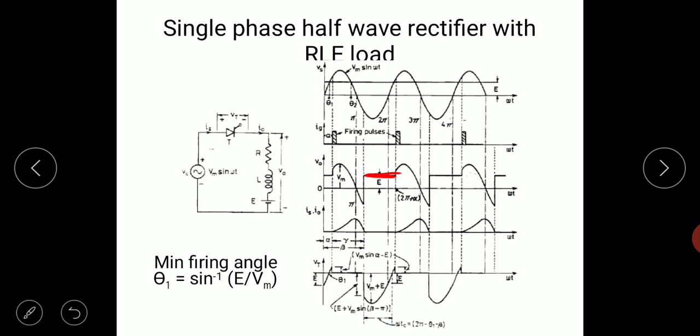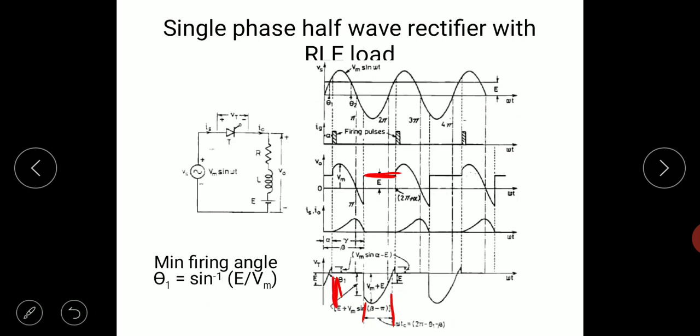And we can determine the circuit turn-off time of the thyristor, the duration in which the voltage across SCR is negative. It starts at beta and terminates at an angle theta 1.